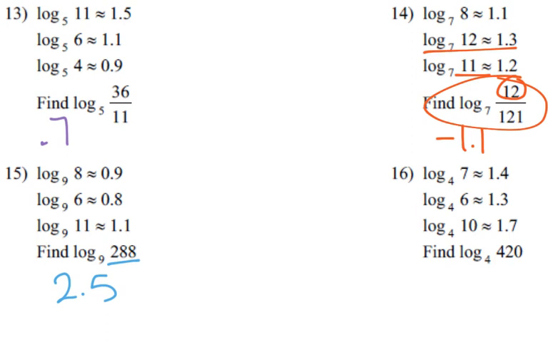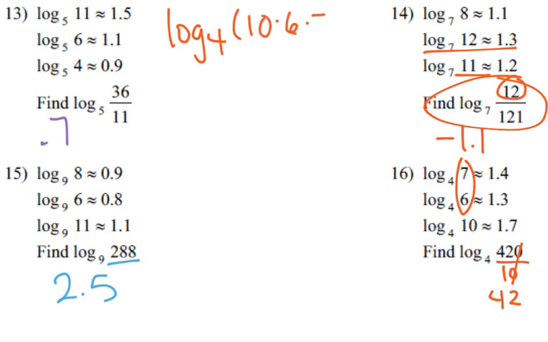So 16, we have 420. Hopefully you realize if I divide that by 10, that's 42, which 42 is 6 times 7. So really we have log base 4 of 10 times 6 times 7. So product rule, we split them all up.